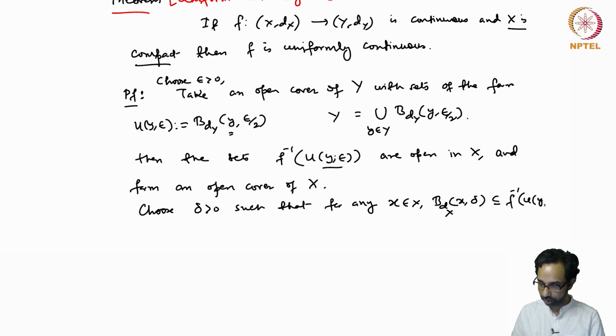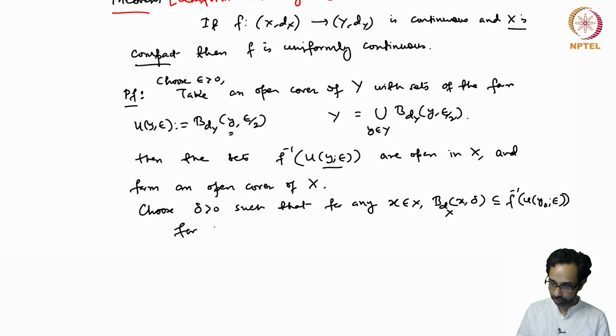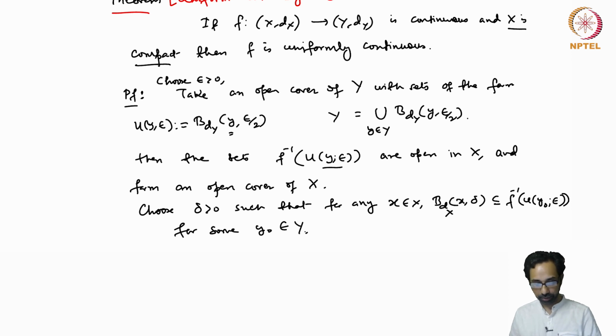Let me call this U(y0, epsilon) for some y0 in Y. So each of these metric balls with radius delta lies inside one of these, and this is precisely the definition for uniform continuity.